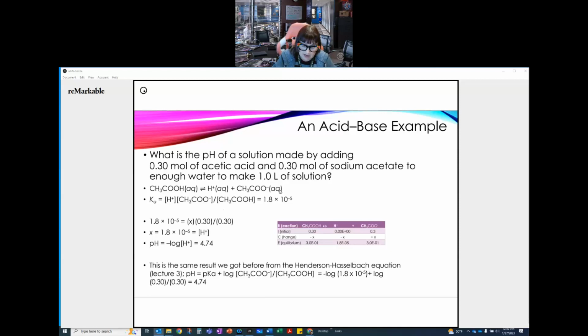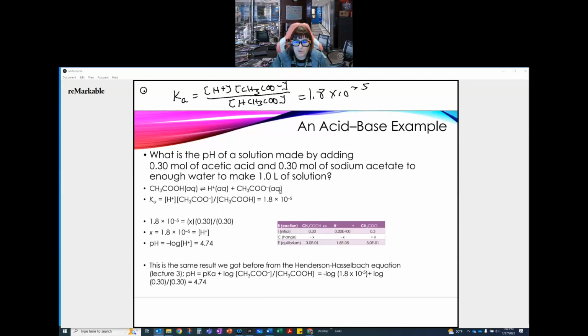I know that the Ka for that, and I'll write it over here because it looks better, is H plus times CH3COO minus over HCH3COO, which is another way that I've just rearranged the letters, so please don't freak out. So I put the H on the other end. I apologize. We can do that. And that has a value that's given to us of 1.8 times 10 to the minus fifth.